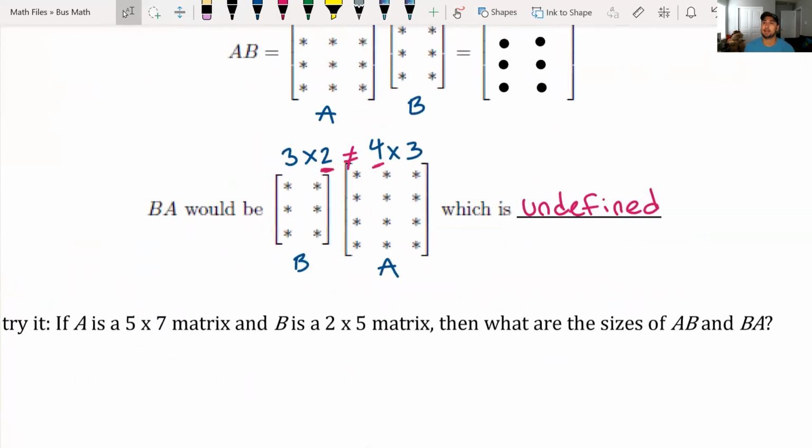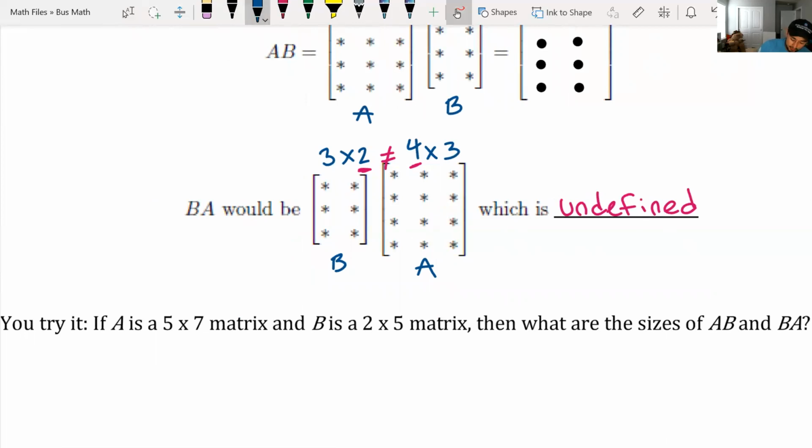You try as if a class is here listening to me. If A is 5 by 7 and B is 2 by 5, what are the sizes of A times B and B times A?